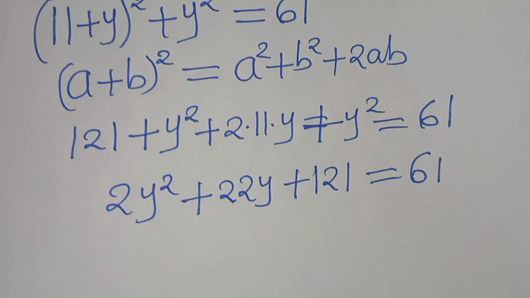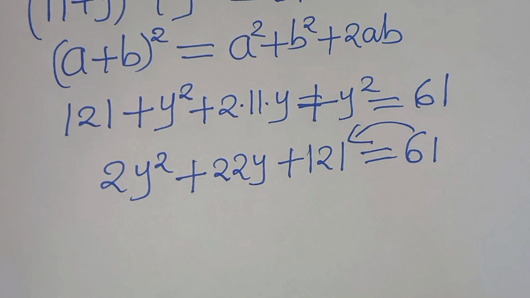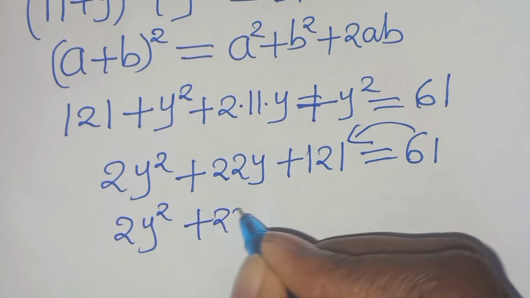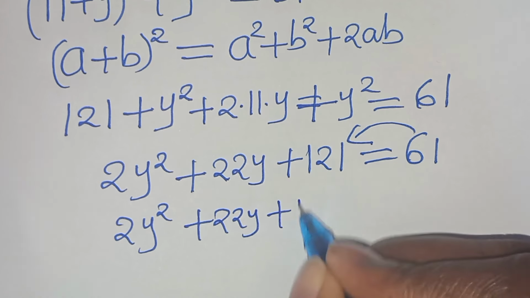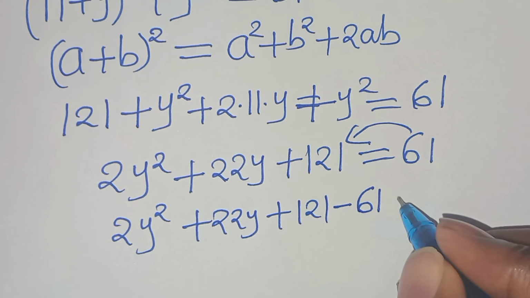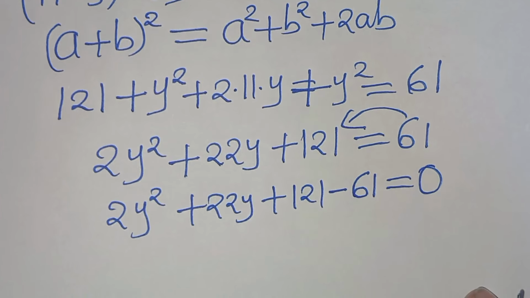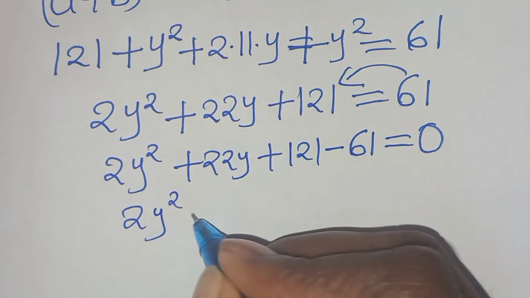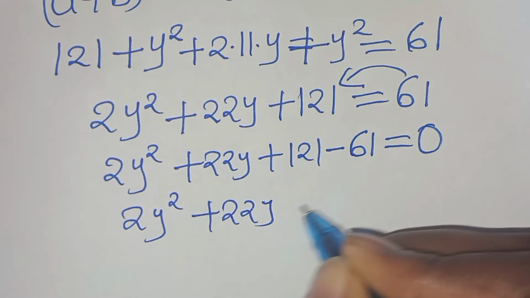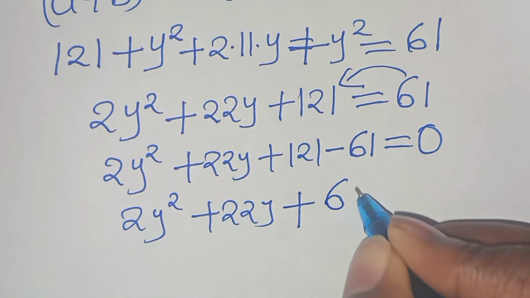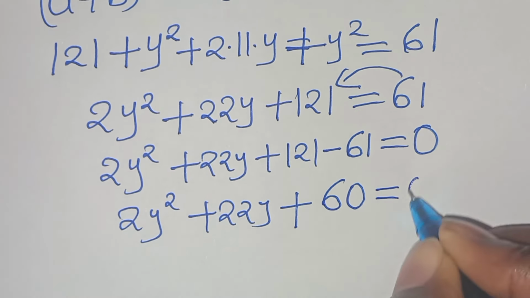Now the next step is to take 61 to the left hand side, so that we have 2y squared plus 22y plus 121 minus 61 equal to 0. 121 minus 61 is the same thing as 60.